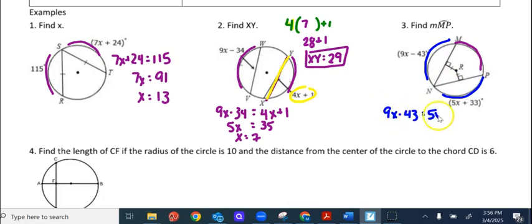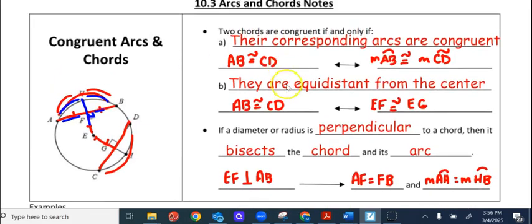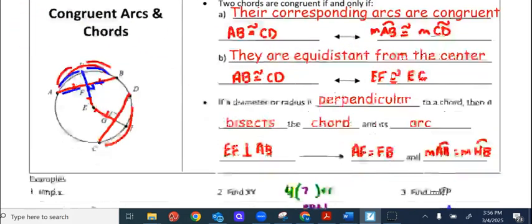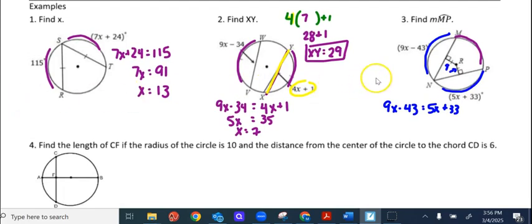The reason we know they're equal is because right here it's showing that they're equidistant from the center. In our notes up here, we learned that's one of the ways we know the chords and the arcs are congruent, if the chords are equidistant from the center. So with those set up as equal, we can solve for x, and then we can solve for MP.